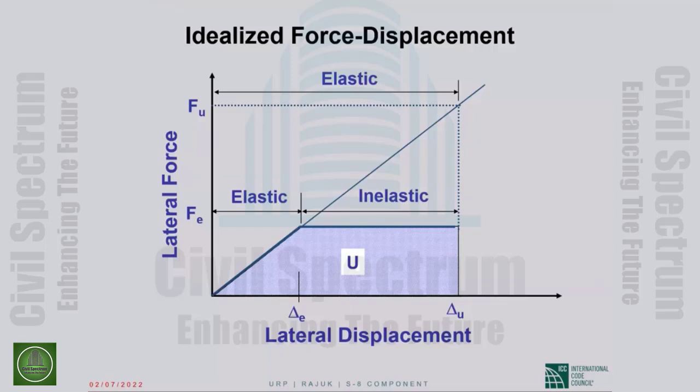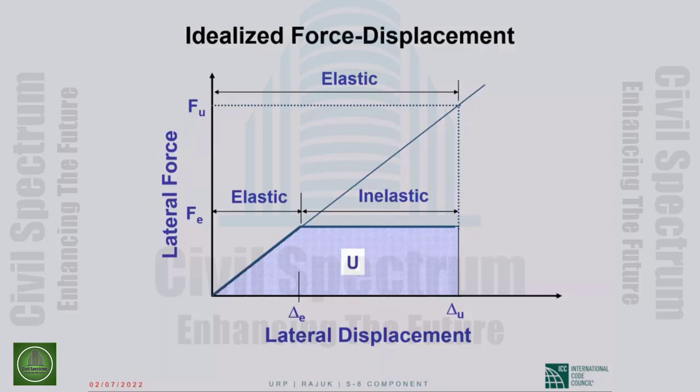And the parameter that indicates whether we would need fancy detailing or cruder detailing is the R factor, which goes into the denominator of the design base shear. The higher the R, the lower the design base shear, the lower the strength we are designing for.